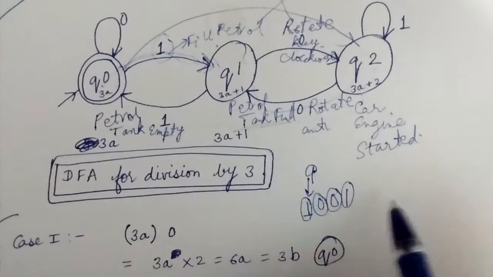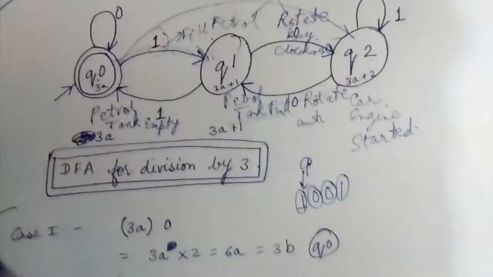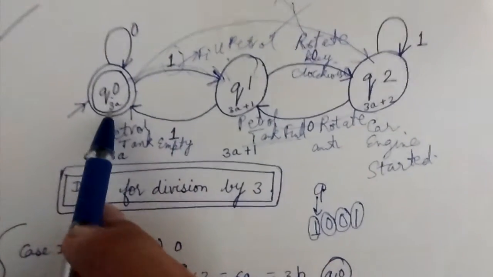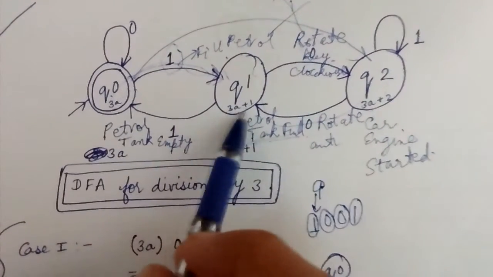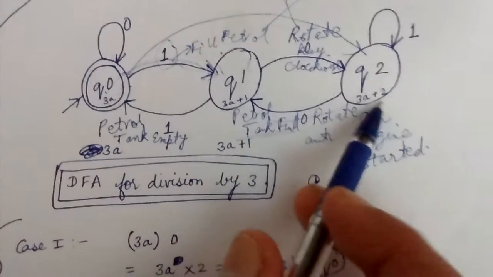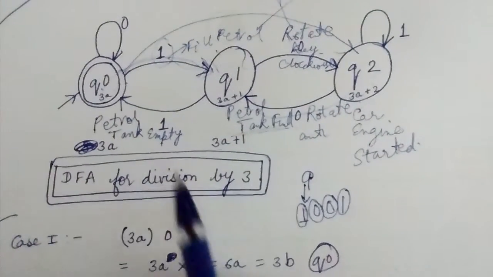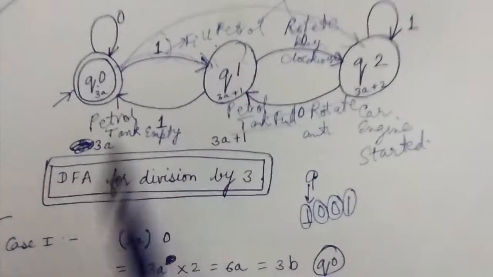Initially it is in state 0, and finally, this state represents the numbers which are of the form 3a. This state represents the numbers of the form 3a plus 1. This represents numbers of the form 3a plus 2. So in whichever state it lands finally, that's your number.